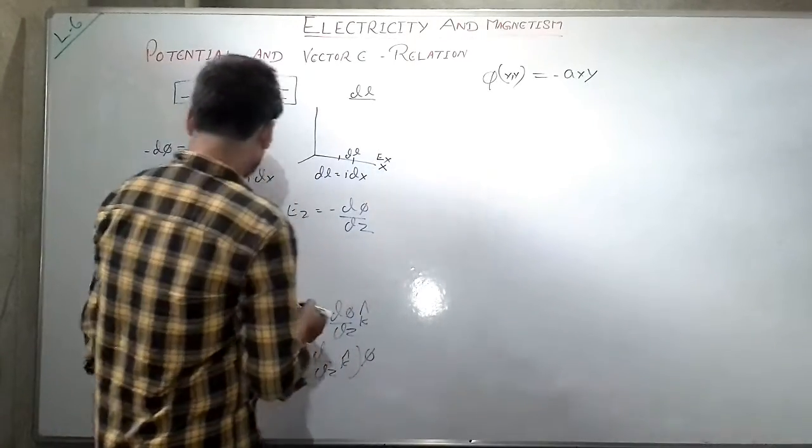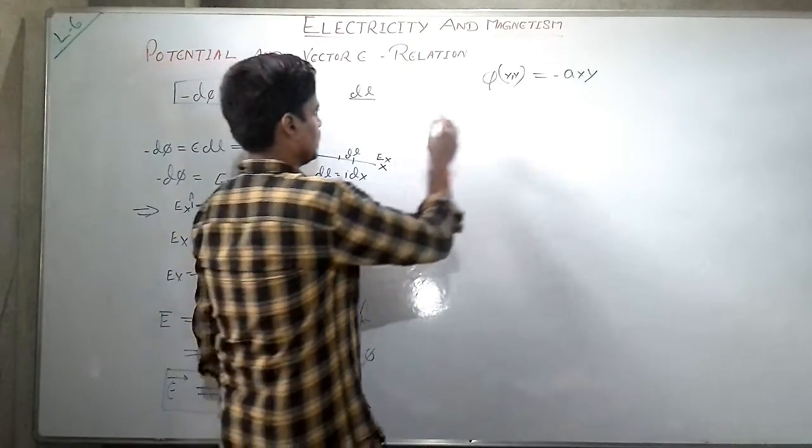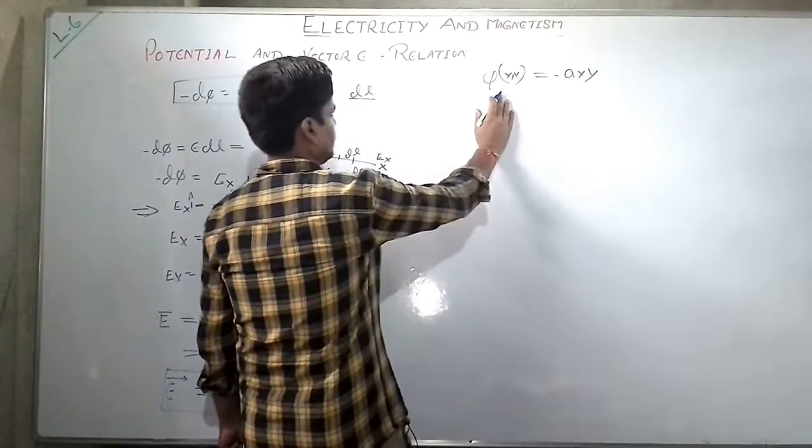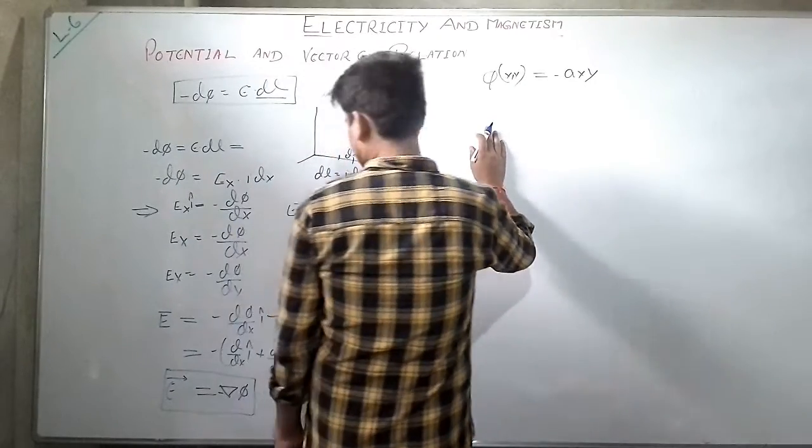Now how can we use this relation to solve a problem? Suppose the potential, which is a function of x and y, is equal to minus axy. How can we solve this?